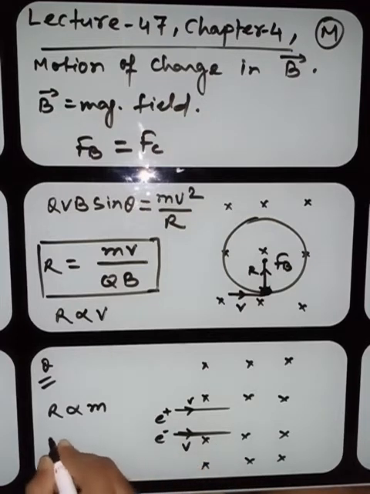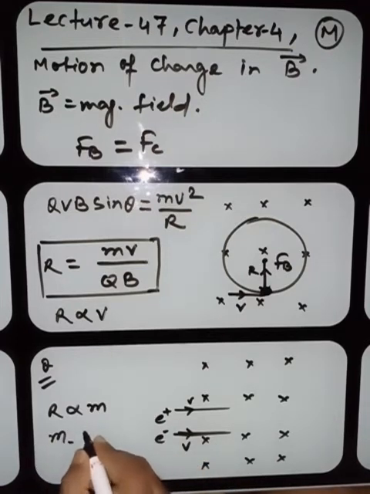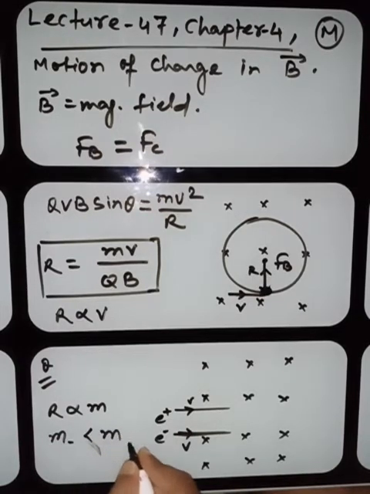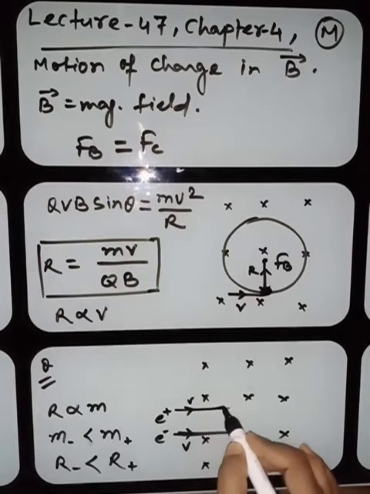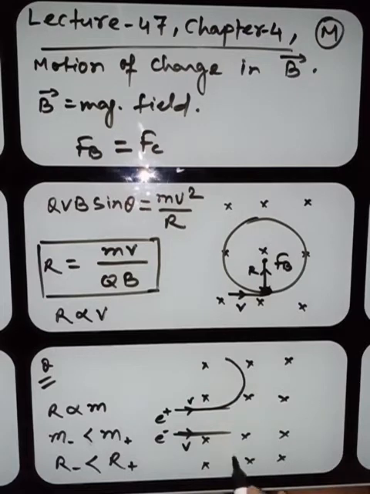So the mass of the electron is less than the mass of the proton. The radius of the electron will be smaller than the radius of the proton. So the proton will make such a loop, but the electron will make a little smaller loop. This is for the proton and this is for the electron.